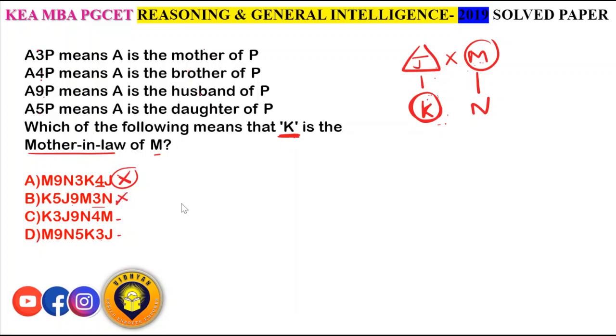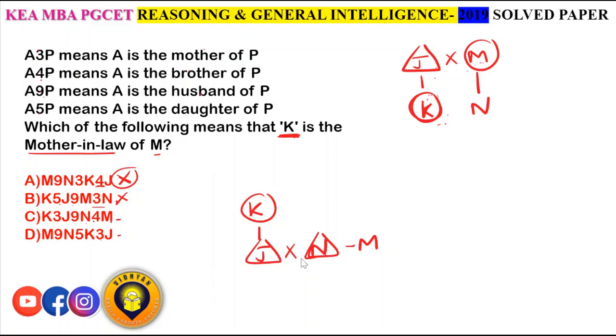Option C, if you look, K3J, 3 is mother, 5 is daughter. K is the mother of J. J9N, J is the husband of N. N4M, 4 means brother, N is the brother of M. So this doesn't make any sense because J is male and N is also male.